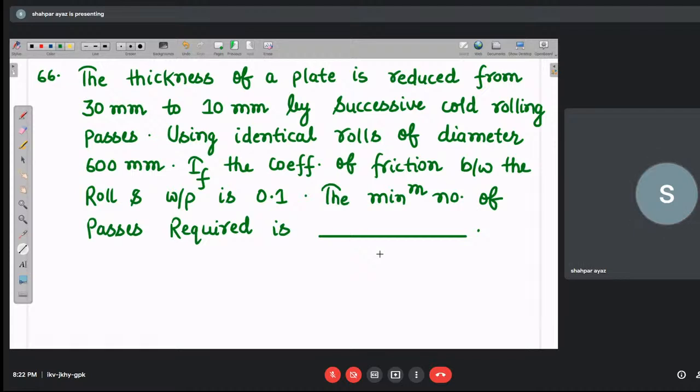Sir, 7 passes will be required. That is absolutely right. How can we calculate the number of passes, my dear?